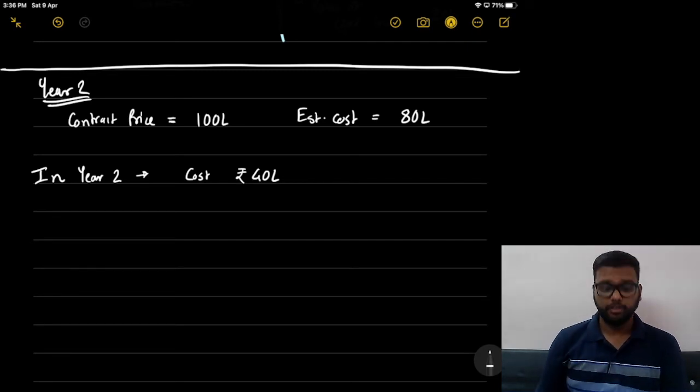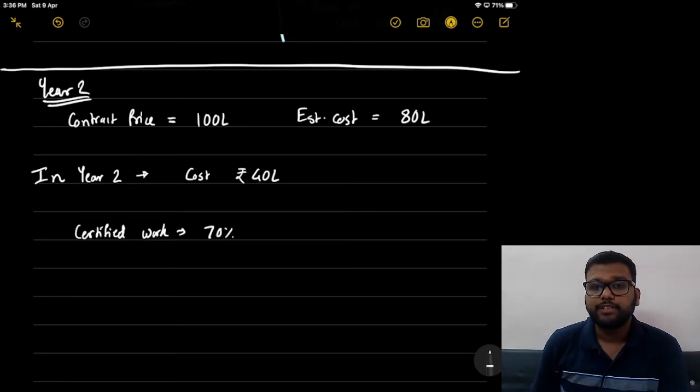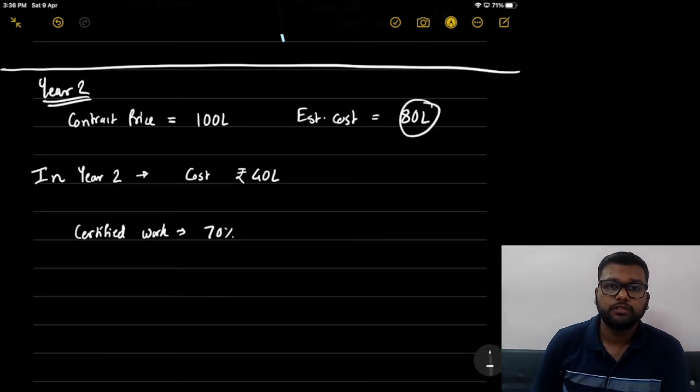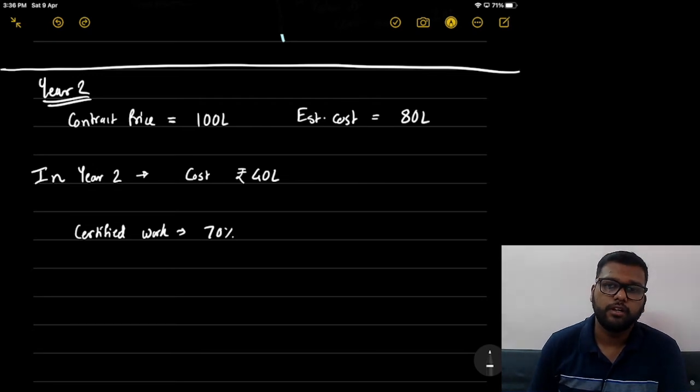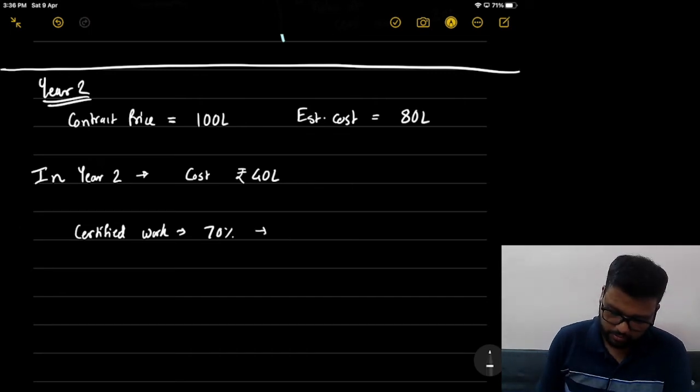But let's say the contractee certified only 70%. 70% means how much did he certify? Out of 80 lakhs, how much has he certified up to now? 56 lakhs in cost.